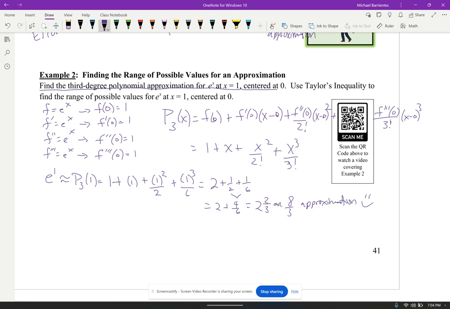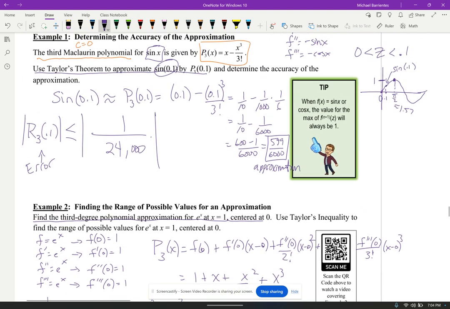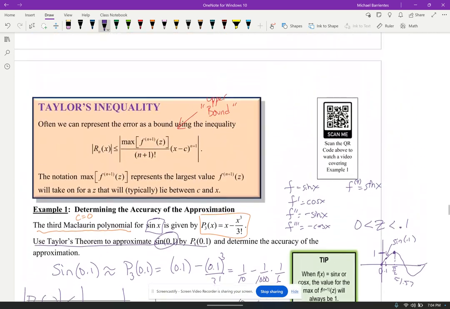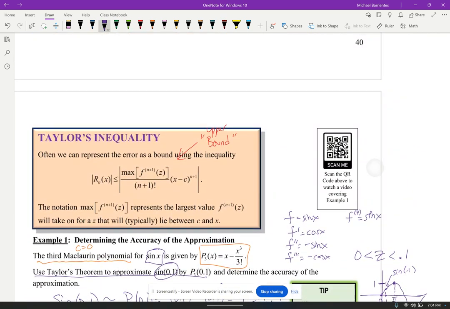Happy. Now, use Taylor's inequality to find the range of possible values for e to the x at x equals 1 centered at 0. Well, what do I need to do? If I go back, it says use Taylor's inequality. Okay, so here's Taylor's inequality.